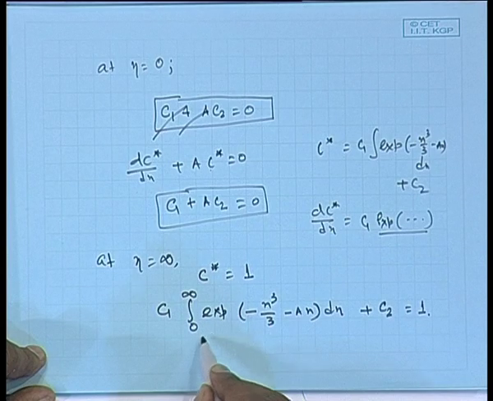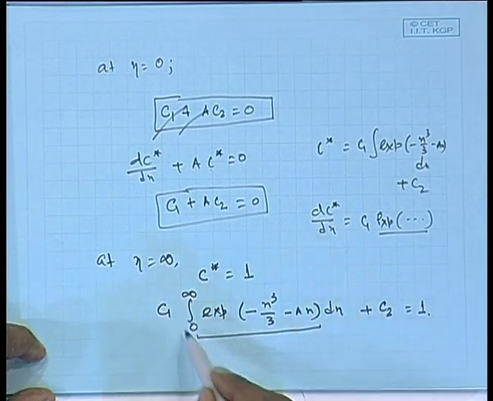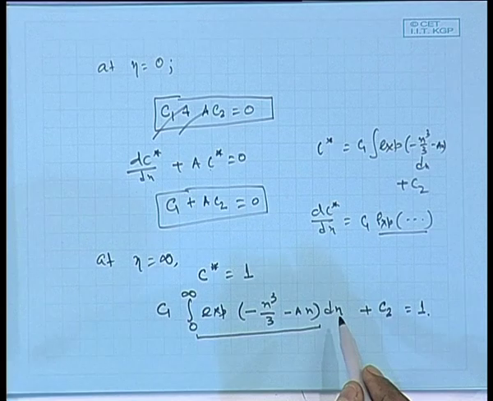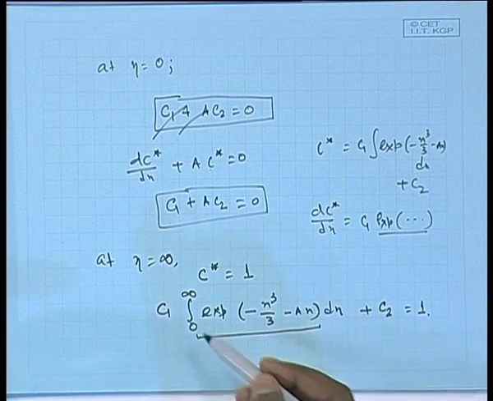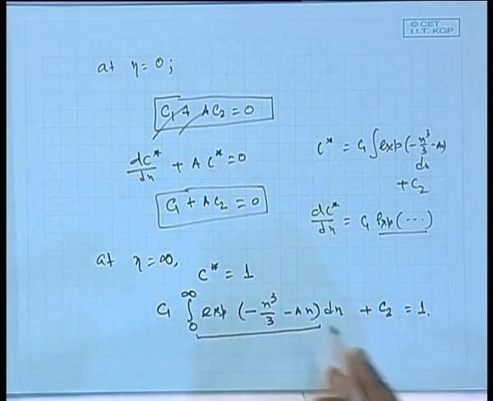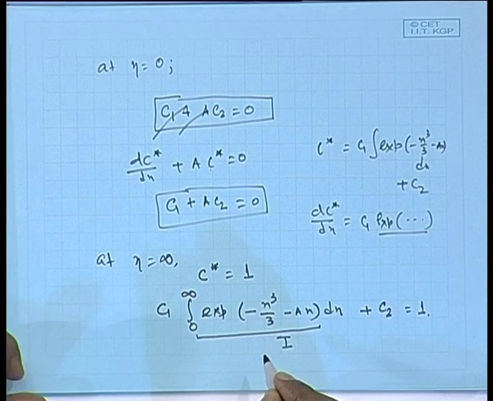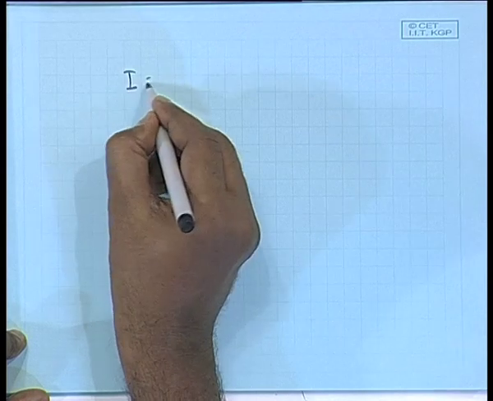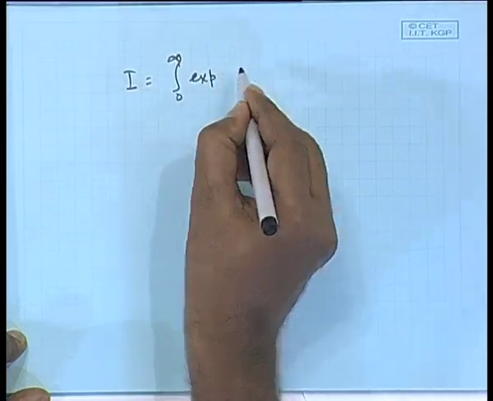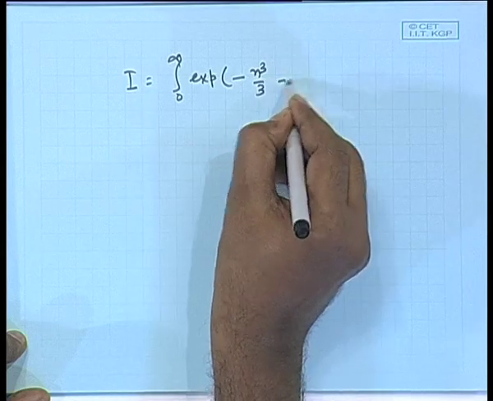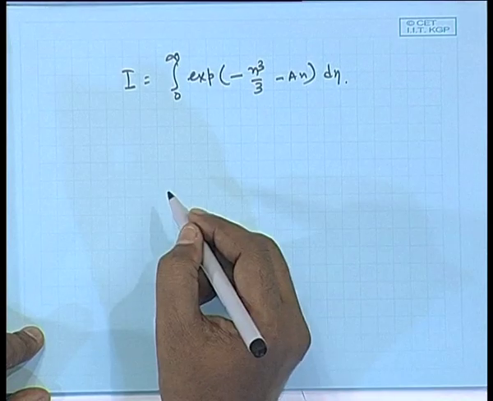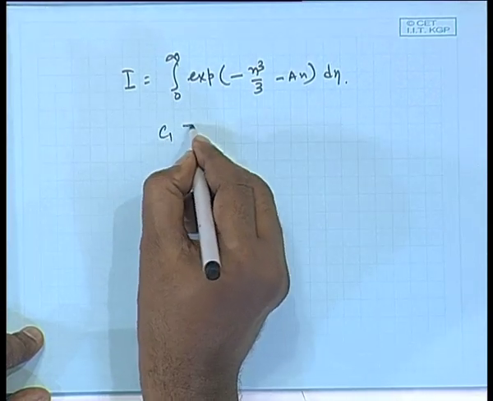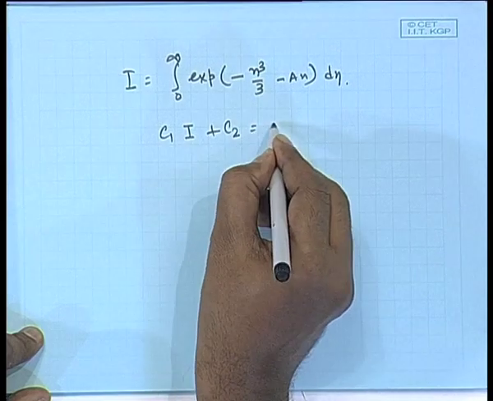Now, you see this is a definite integral, it will be returning you a value once you know the constant A. This is a definite integral 0 to infinity, right. Let us call that integral I. So, I will be integral 0 to infinity of exponential minus eta cube by 3 minus A eta d eta. So, the boundary condition at eta equal to infinity becomes C1 I plus C2 is equal to 1.